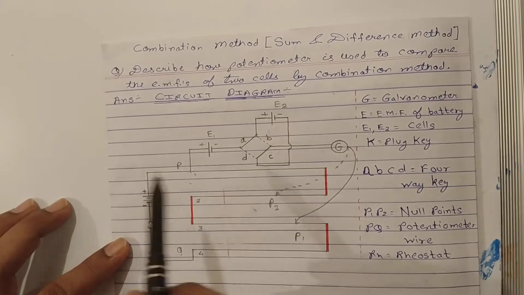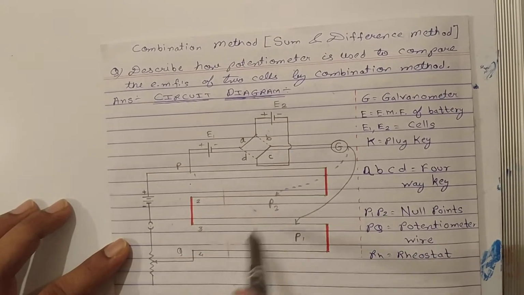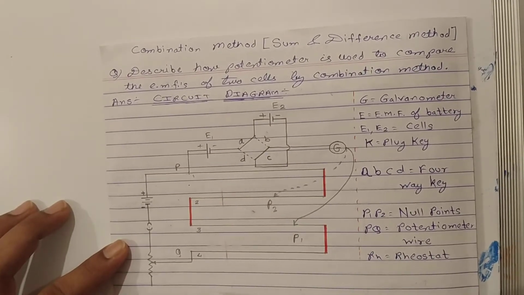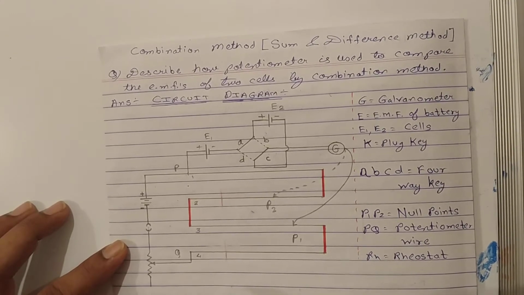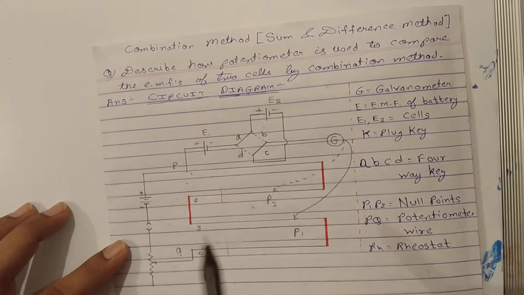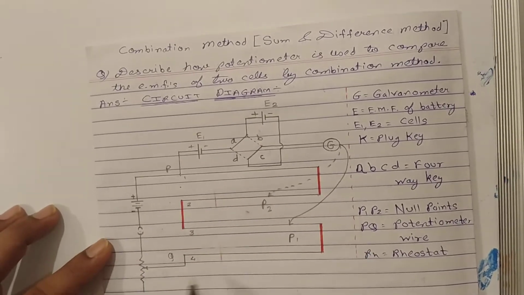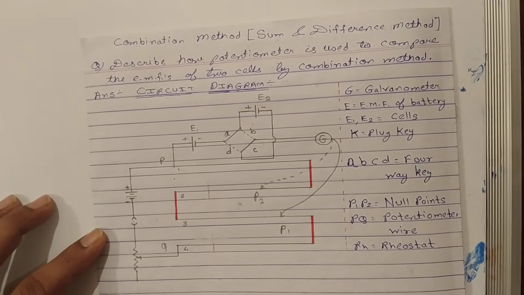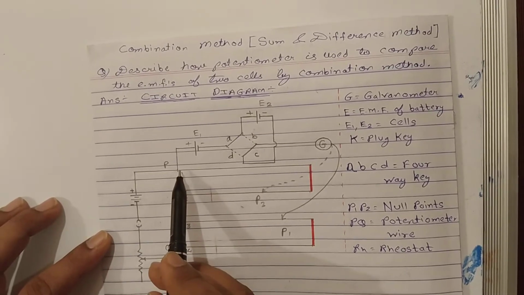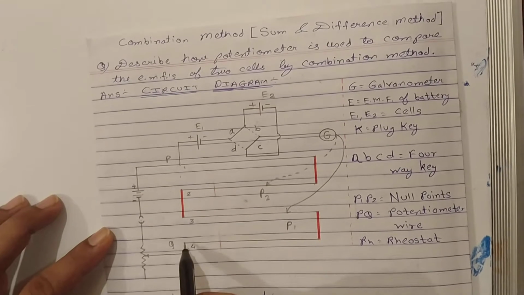Combination method. First, let us study the circuit diagram of potentiometer used as comparison of two cells using combination method. Students, this particular portion is same as the previous circuit diagram, that is individual cell method. Here we observe potentiometer wire PQ.